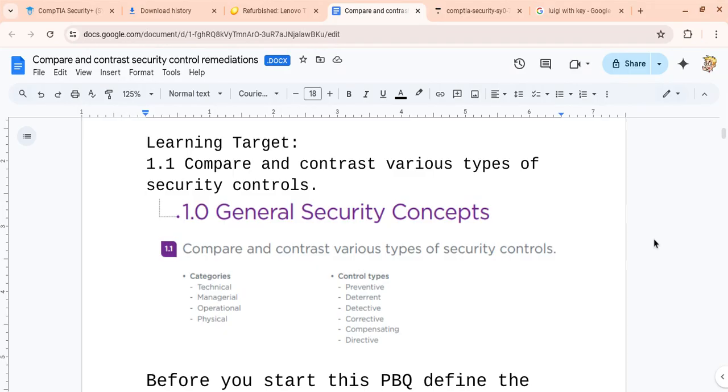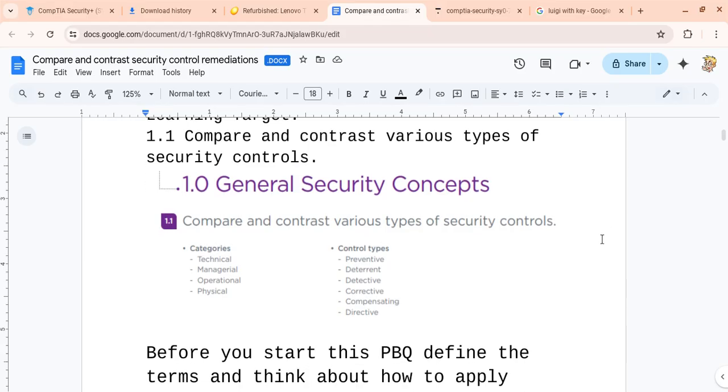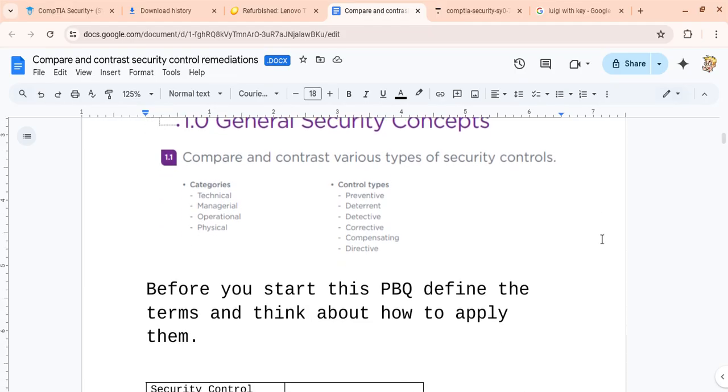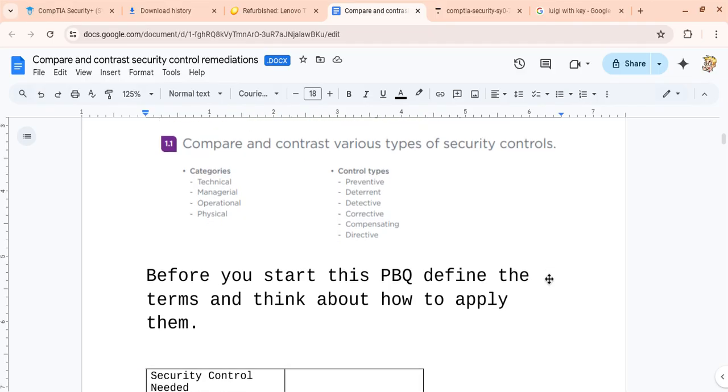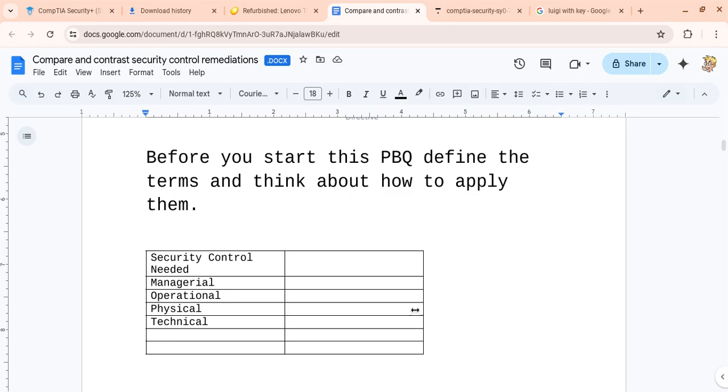It's for control types. Okay, so before you start this performance-based question, let's define the terms and think about how to apply them. So this will just help you organize things a bit better. If you are a person who works well with synonyms and just using a more common word, this might be better for you.